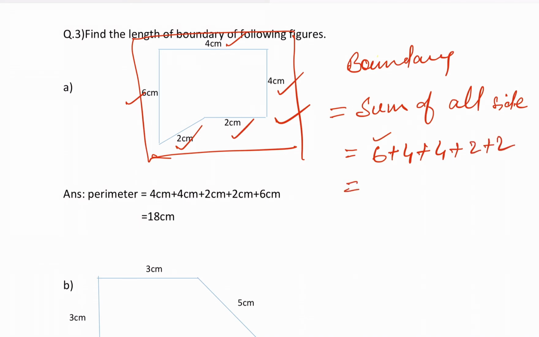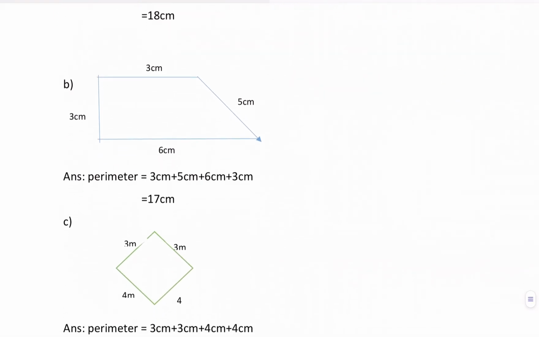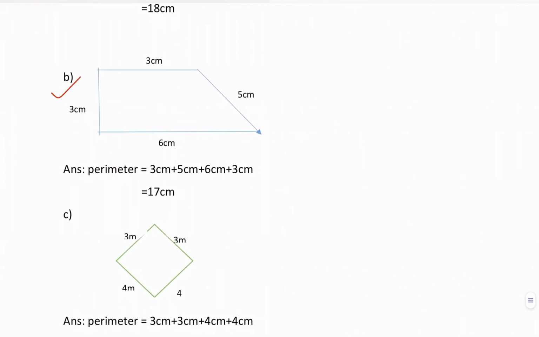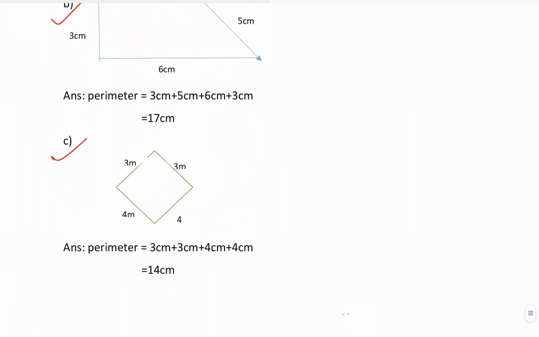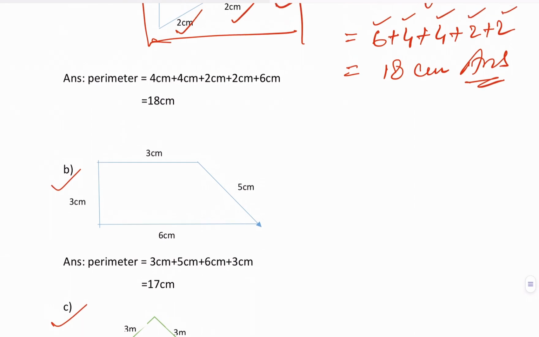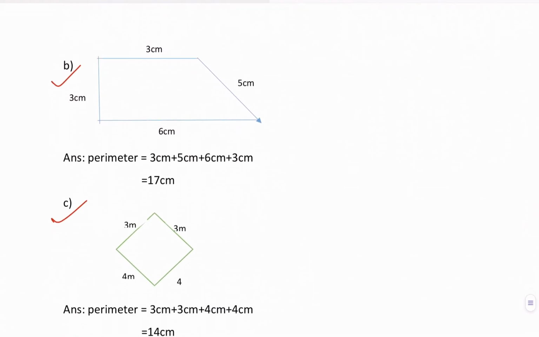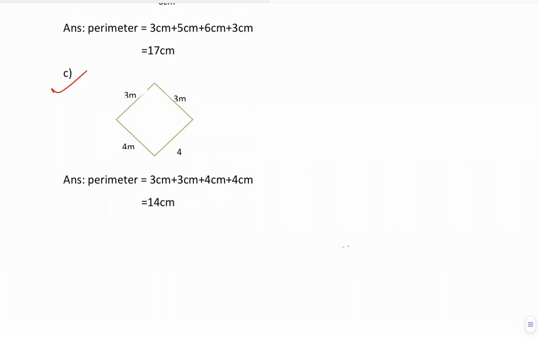Then 6 plus 4 is 10, 14, 16, 18. 18 centimeter will be the answer. Write these questions in your copy, and in this way we have reached the end of the lesson.